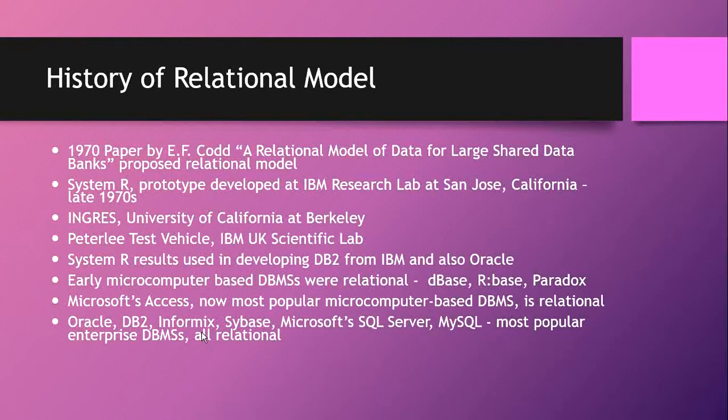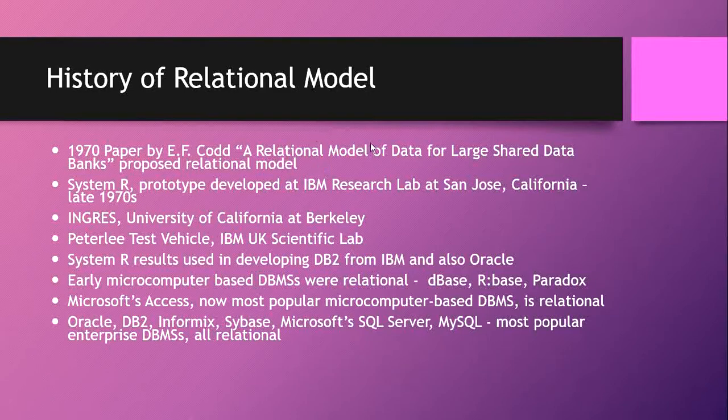Okay, first let's have a look at the history of the relational model. The concept of the relational model was first presented by E.F. Codd in his paper A Relational Model of Data for Large Shared Data Banks. In this paper he presented the relational model for data and it became a landmark in database systems.